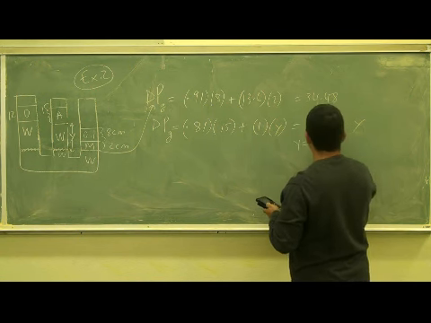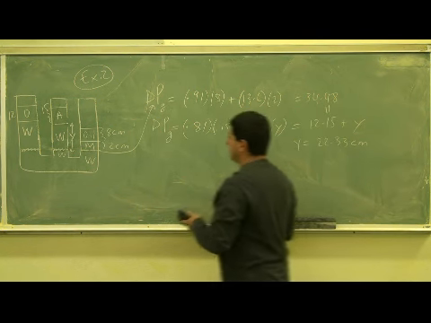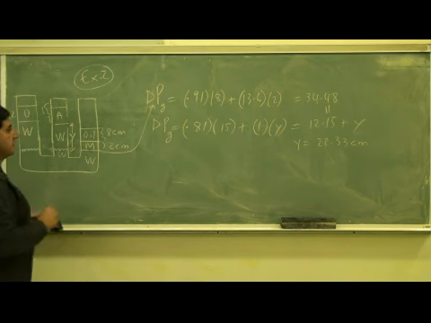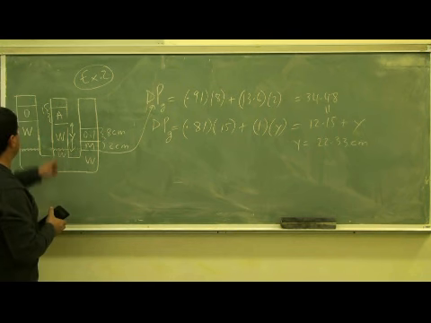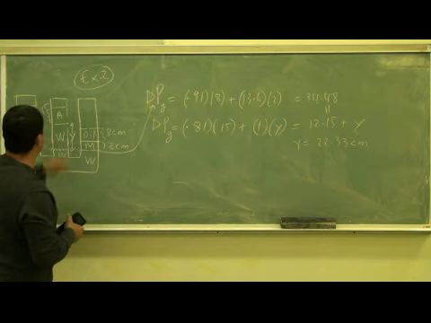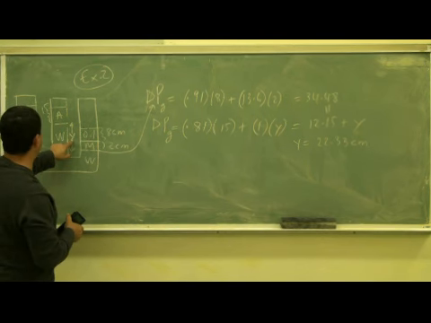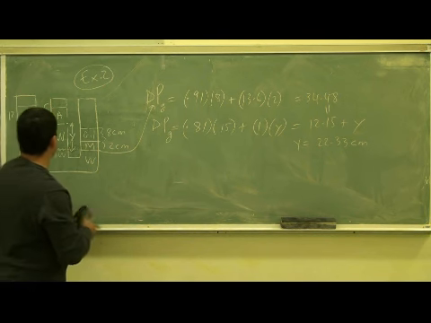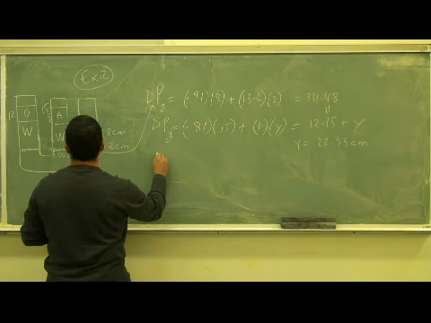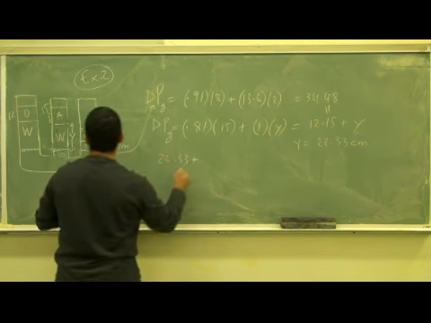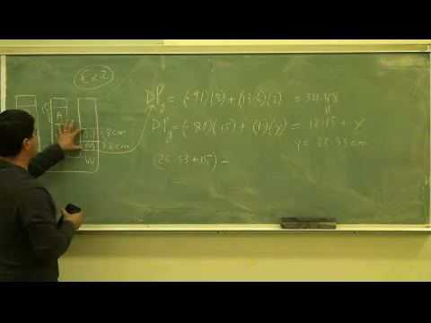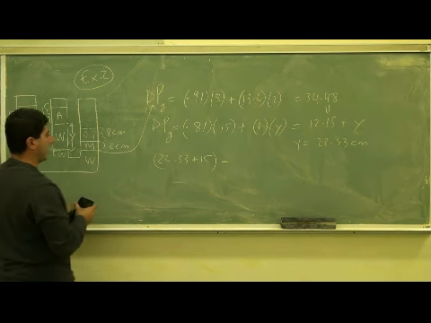12.15, which is 22.33 centimeters. So from here to here is 22.33 centimeters. So the difference of the heights of the second tube and the third tube: since Y is 22.33, the distance from here to here is going to be 22.33 plus the height of the oil, 15, minus the distance here, which is 10.